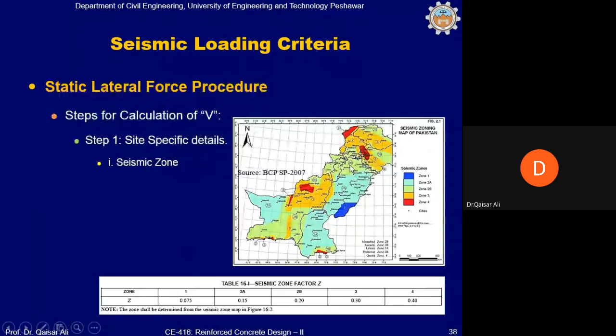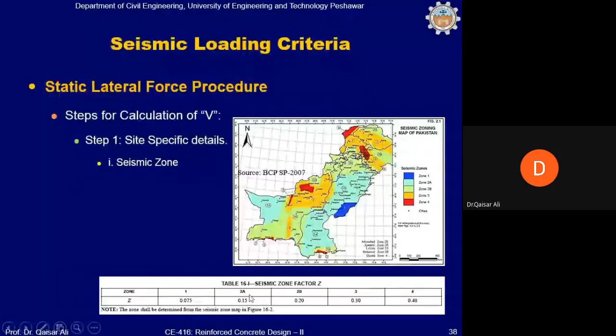This table tells us about the Z factor. For zone 1, it is 0.075, for 2A, 0.15, for 2B, 0.2, for 3, 0.3, and for zone 4, it is 0.4. So we get this information from table 16I.